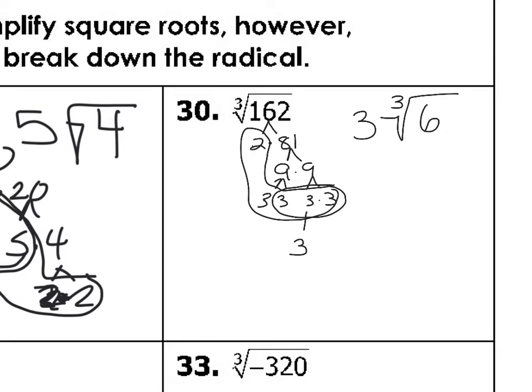All right. And y'all, a way you can check it is whatever's on the outside, do it to that power. So 3 to the third power is 27, right? And 27 times 6 equals 162, okay? So if you take this, put it to the power, and then multiply it with what's on the inside, it should equal your radicand, if you've done it correctly.